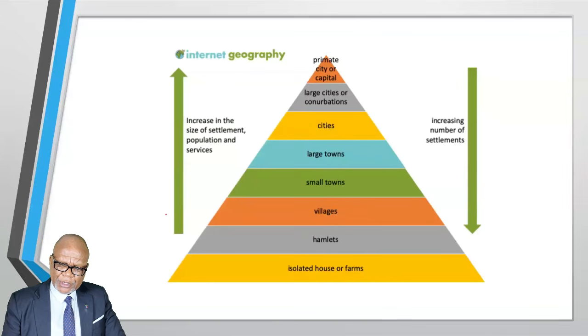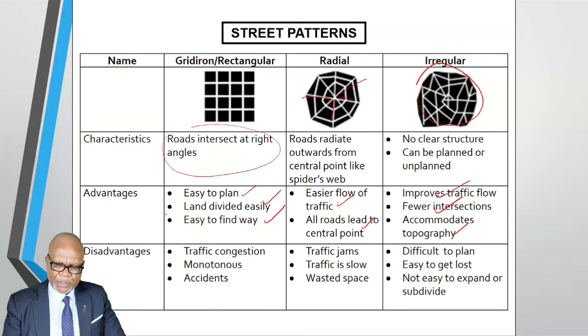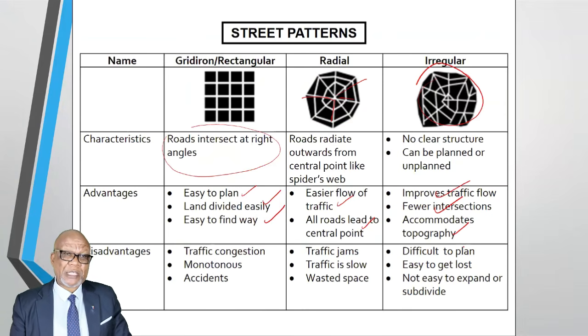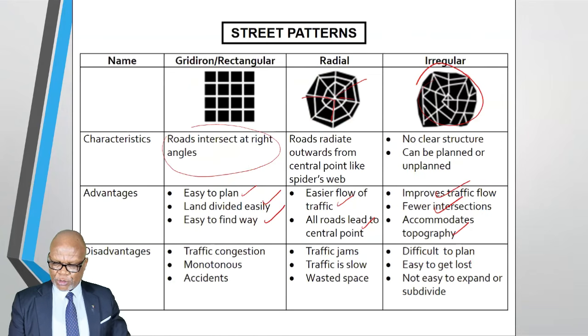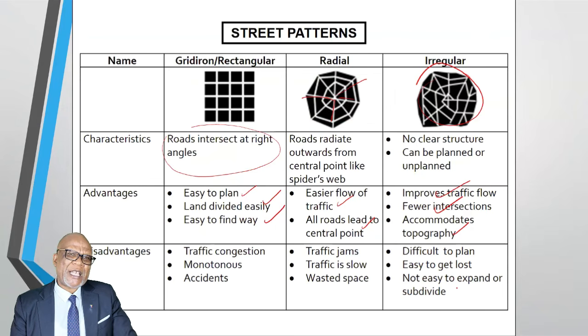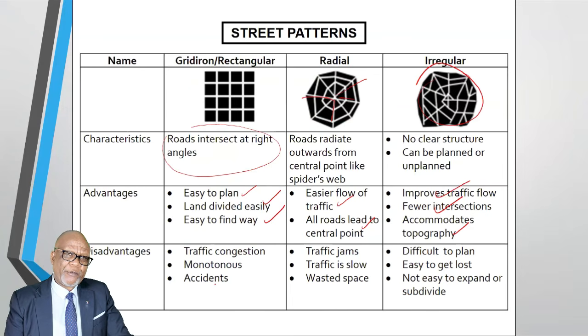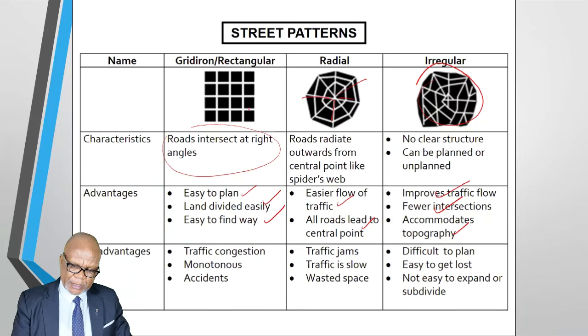But the disadvantage of this irregular pattern is that it is difficult to plan because of steep gradient, and it is easy for you to get lost because of the roads that are winding, and it's not easy to expand or divide because the area is very steep. But the opposite will be correct for the grid iron. Grid iron, because it's gentle, it's easy to divide and construct.